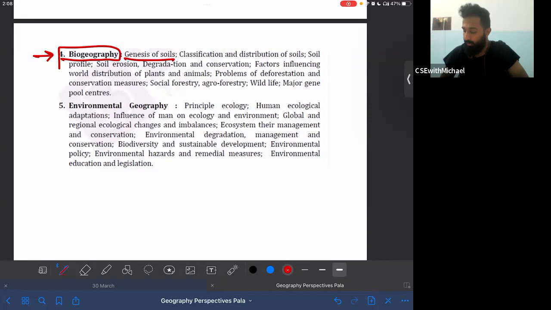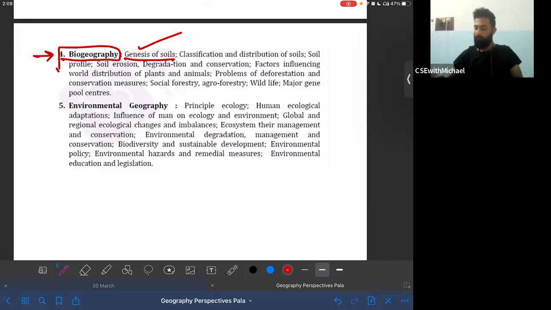That would be what is covered under the biogeography part. Soil is a very important topic here. Often questions are repeated. You will see in the last few years a lot of questions being asked from this particular part of the subject.